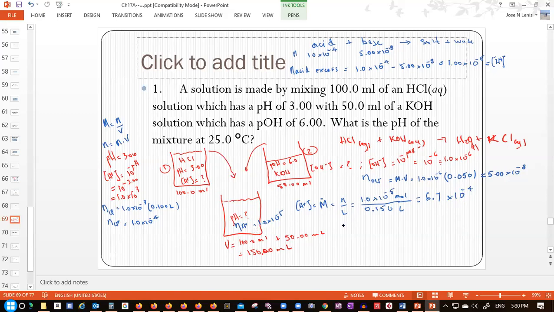Now we can find the pH. pH equals negative log of that number, 6.7 times 10 to the negative 4. What is that? Remember, don't wait until I do it here. You stop the recording and do it yourself. That's how you practice and gain the speed for the exam.